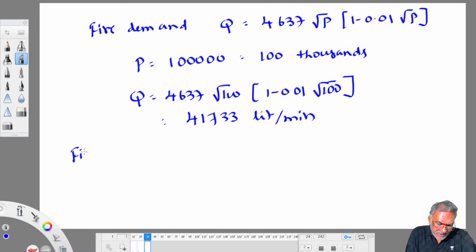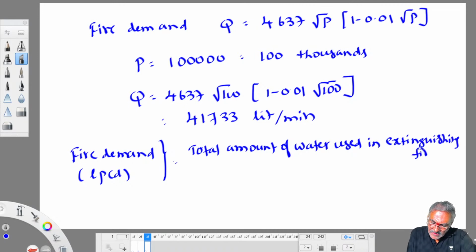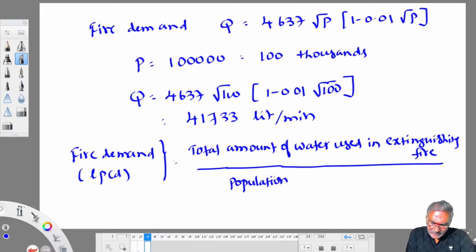So fire demand in LPCD is equal to the total water used in extinguishing the fire, total amount of water used in extinguishing fire, divided by the population of that community into the frequency of fire occurring.